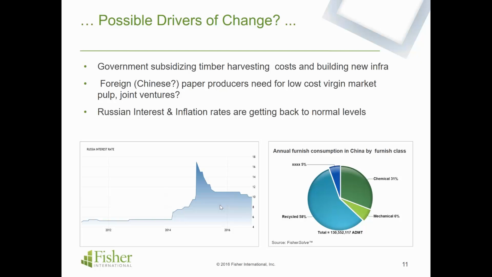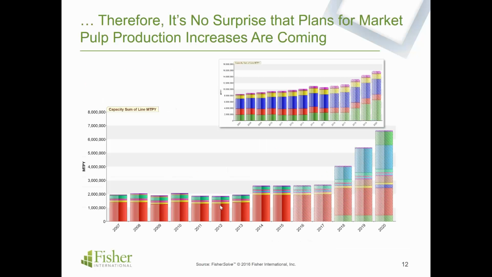Then you would come up with lower cost capital and low cost fiber raw material, and this will change the situation dramatically. And to mention that there is ever-growing demand for pulp in China.